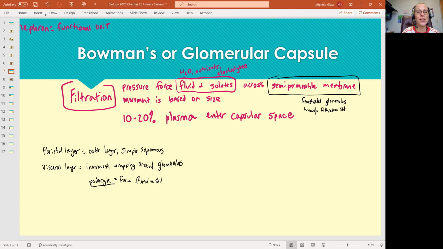And so there's actually not a whole lot of regulation on the material that's leaving the glomerulus, which is how we're getting like 10 to 20% of the blood plasma exiting the glomerulus and going into that capsular space, and why we're getting stuff into the capsular space that we don't ultimately want to exit the body, things like nutrients, vitamins, right?